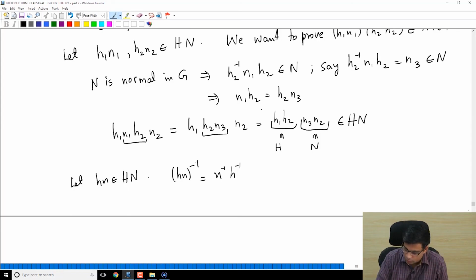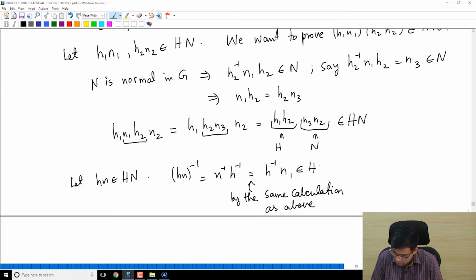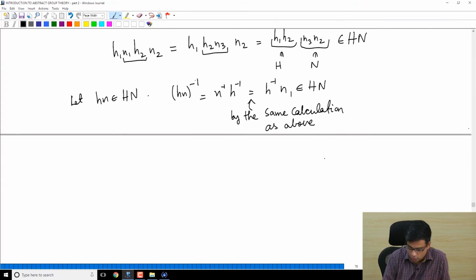So what we have really shown is that anything in N times anything in H, you can switch the two: you can bring H2 to the front, but on the right there will now be some other element of N. So by the same calculation as above, this is equal to h inverse times some n1, and this is in capital HN.